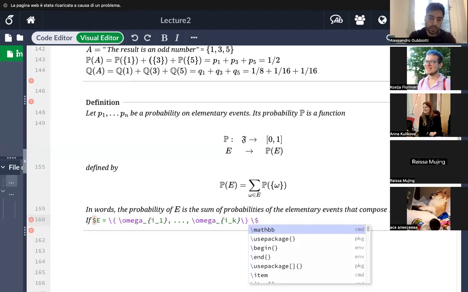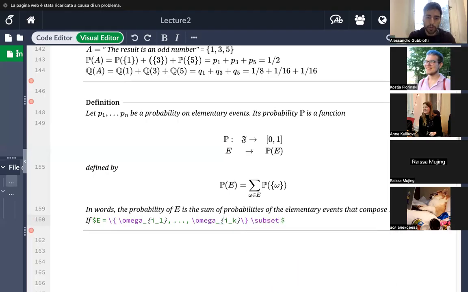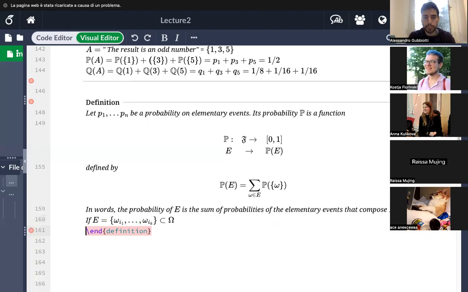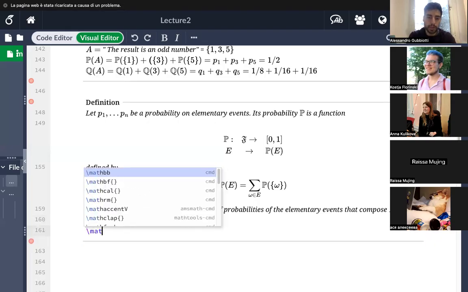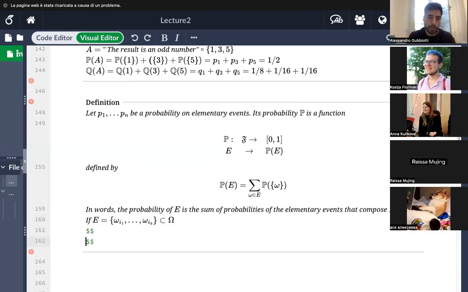This is a subset of omega, and its probability is simply the following.